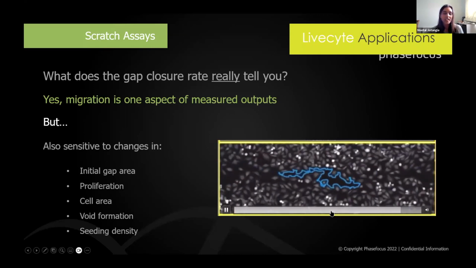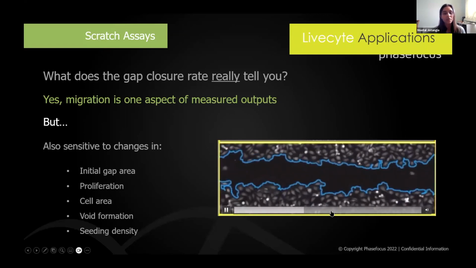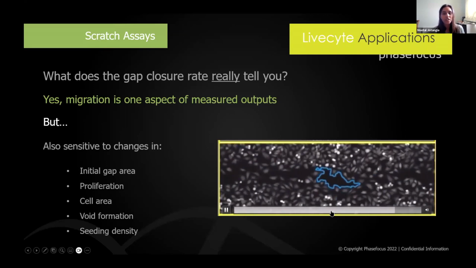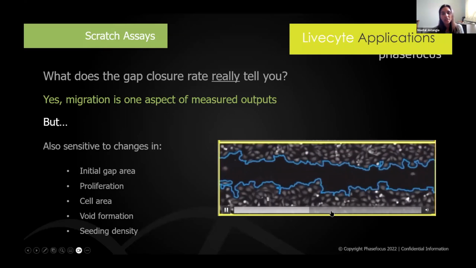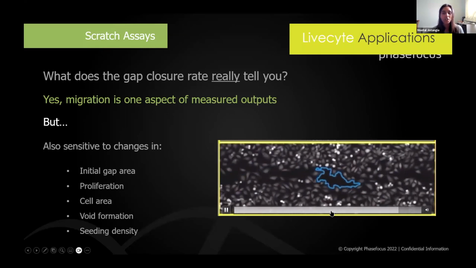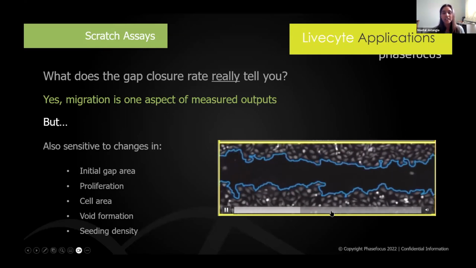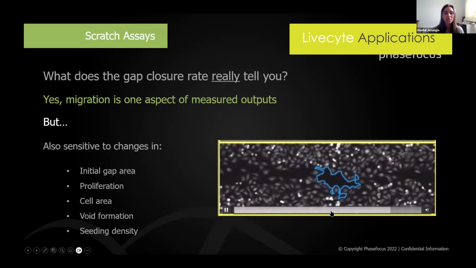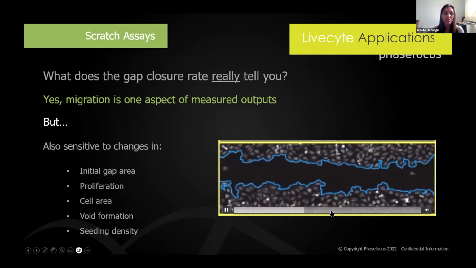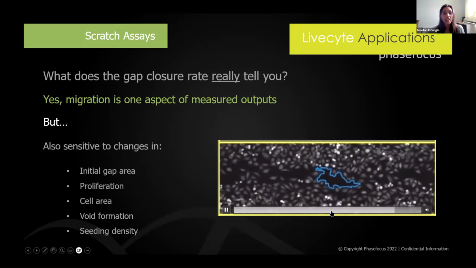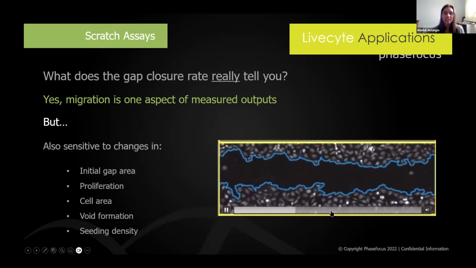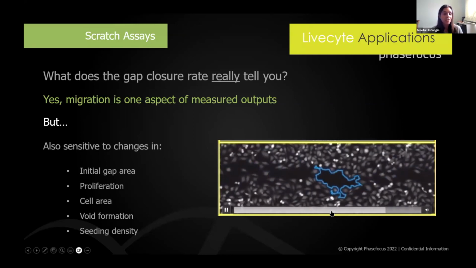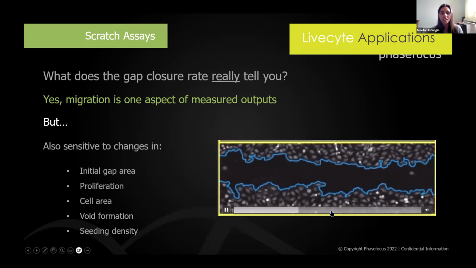Things like seeding density and proliferation can also affect how your cells move into the wound. If you've got a lot of cells, you might find they're actually just pushing into the wound. And even with serum-free media, you might still see a level of proliferation over time. Other things that might affect it are things like cell area and morphology changes as well, if you're adding particular treatments.